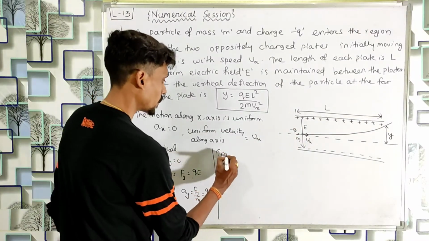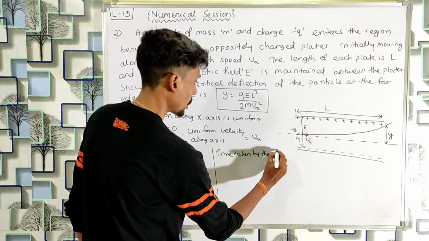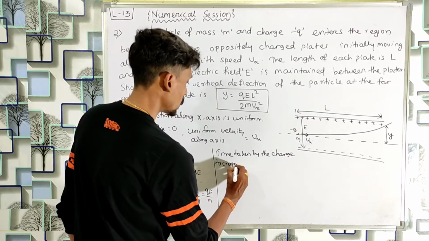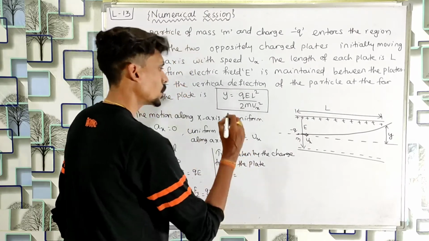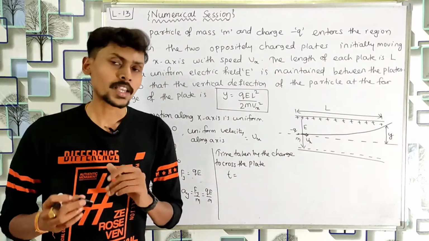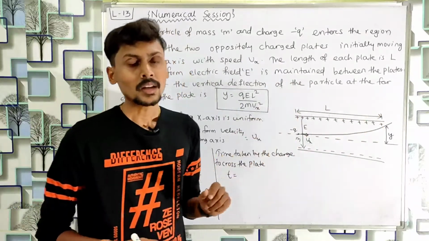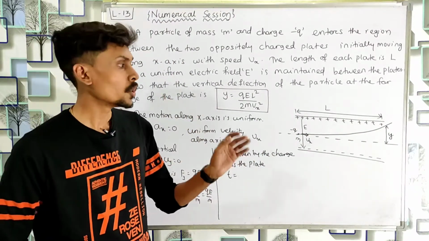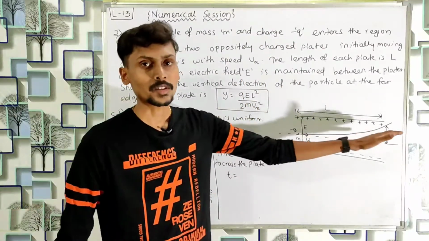So the time taken by the charged particle to cross the plate is how much? T is equal to. So I had told you that the motion along x-axis is responsible to take the charged particle to the other end. The vertical motion is not responsible, because the vertical motion will only take the charged particle in the vertical direction, not along x-axis.